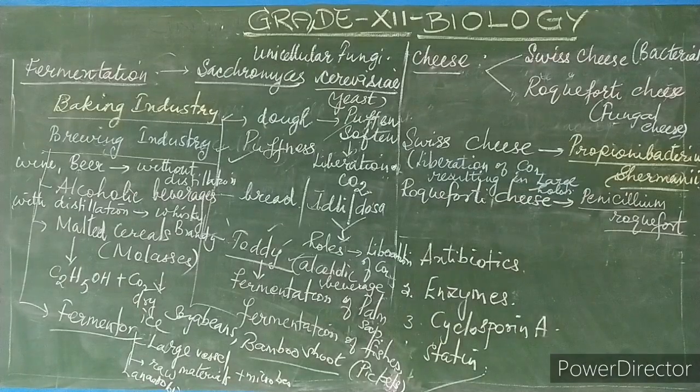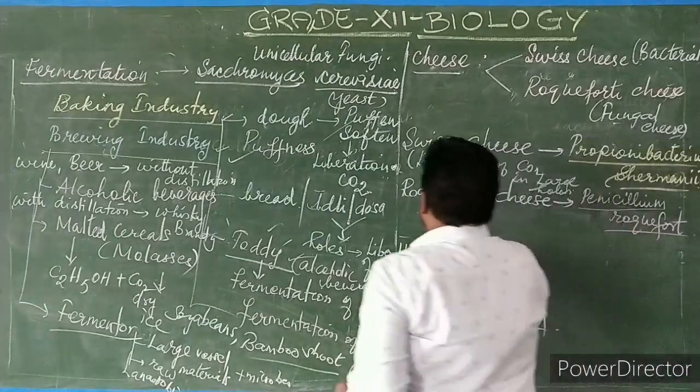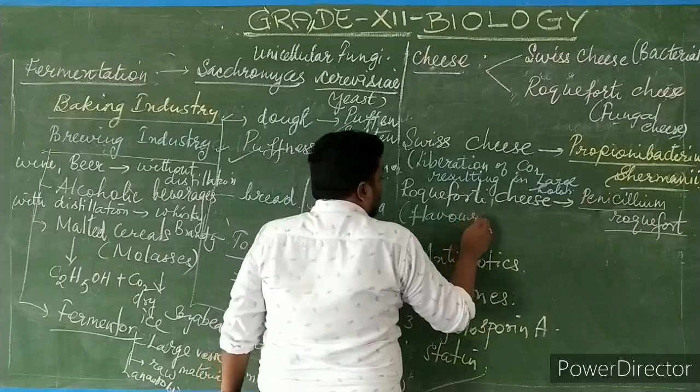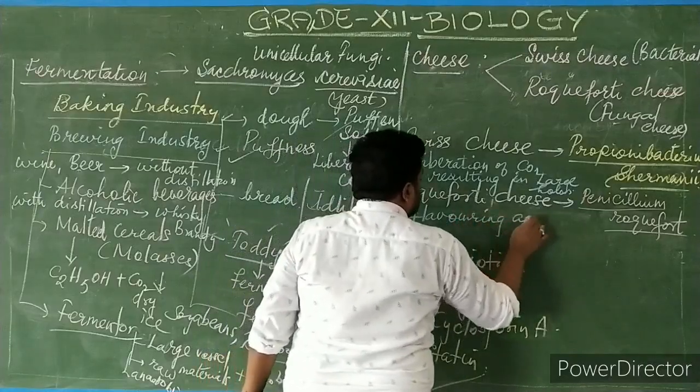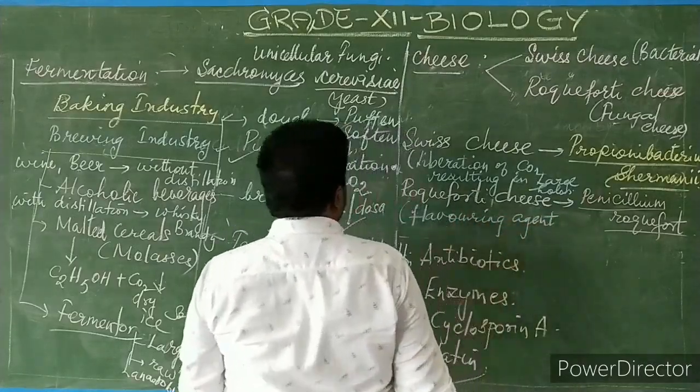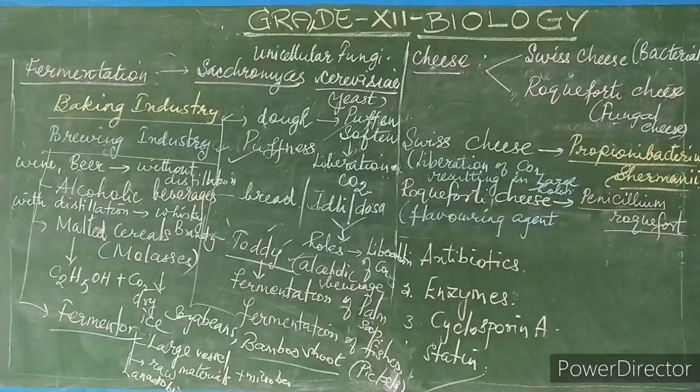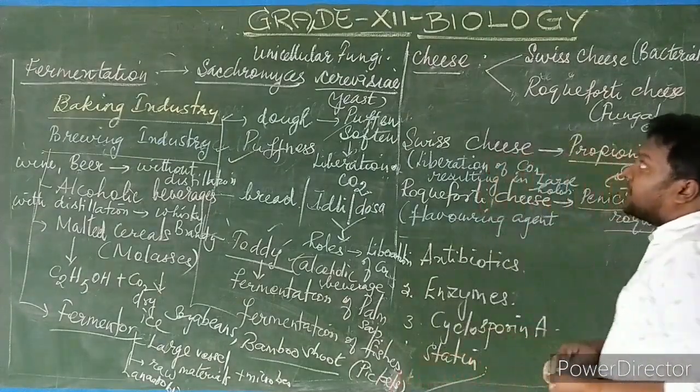The next one is Roquefort cheese, obtained from Penicillium. It is ripened by growing a specific fungus. This Roquefort cheese is mainly essential for flavoring. It is widely used as a flavoring agent in the cheese industries.